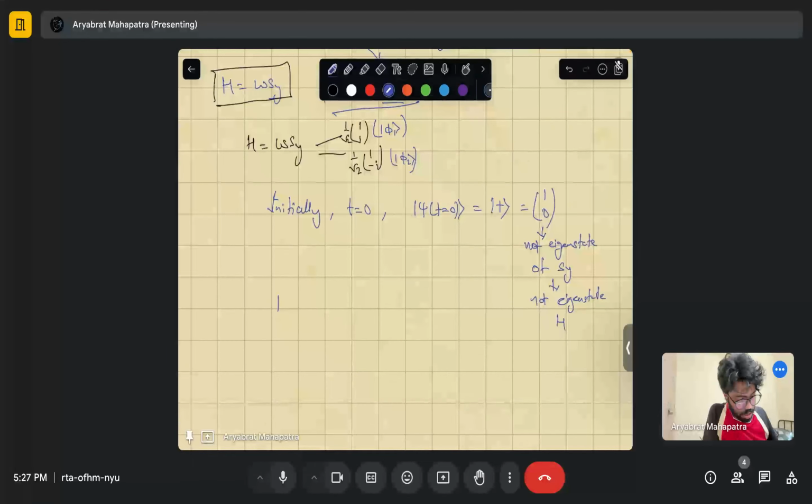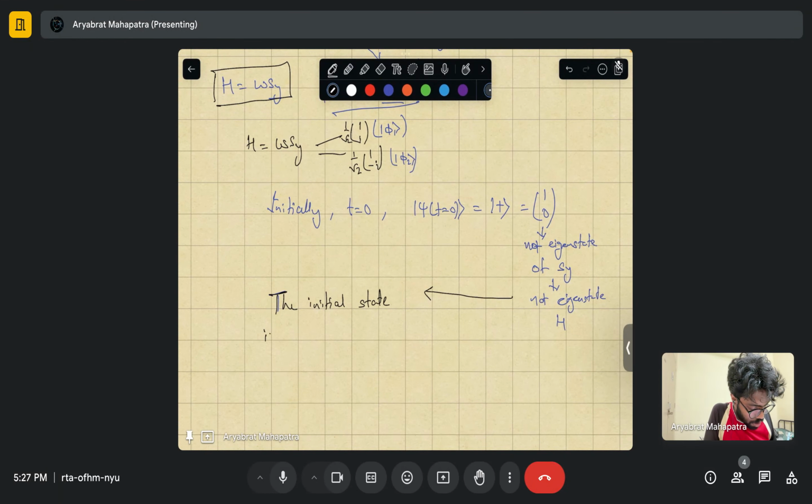From here we can say the initial state is not in an eigenstate of the Hamiltonian.